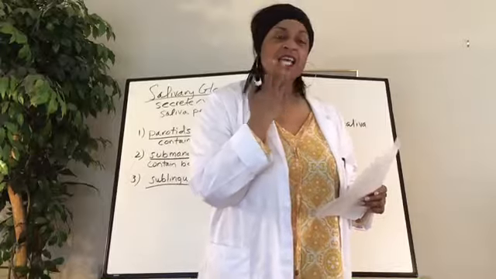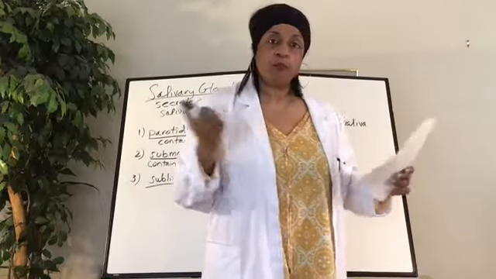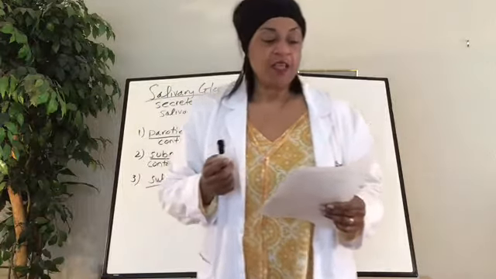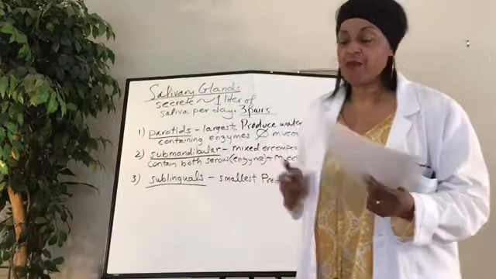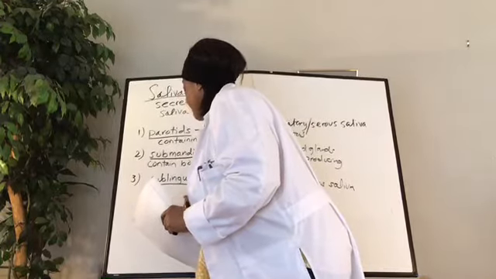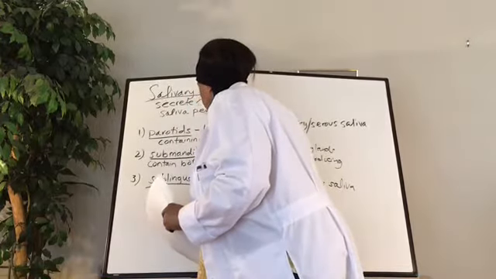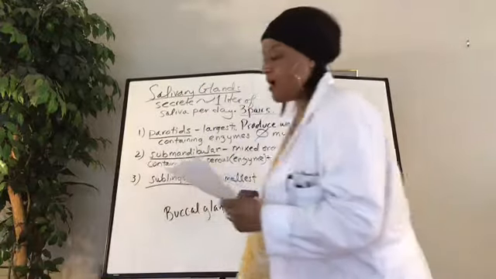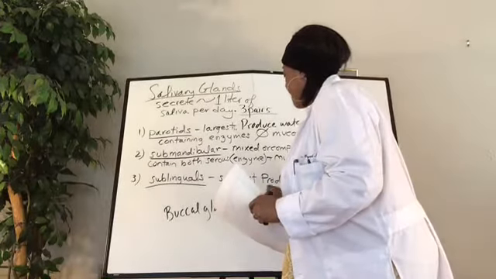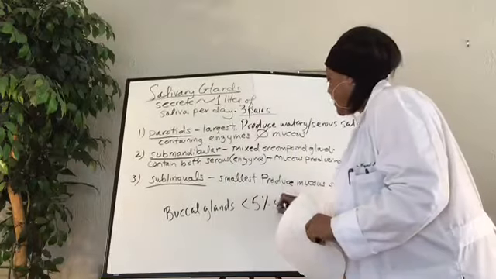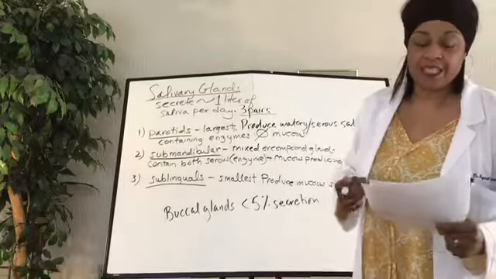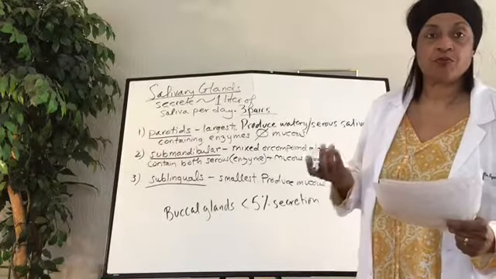And that's what actually keeps the mouth moist. You have buccal glands. These are small glands within the mucosal lining of the cheeks and mouth. And the buccal glands, we'll just say they're accessories. These buccal glands are going to secrete less than 5% of the secretion, but they are there to keep the mouth's hygiene and the mouth tissue in order.